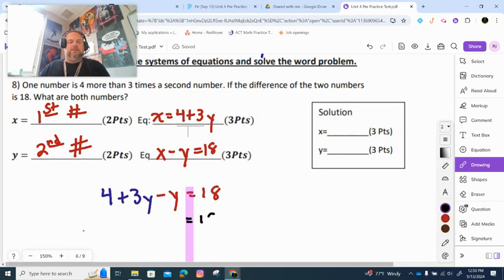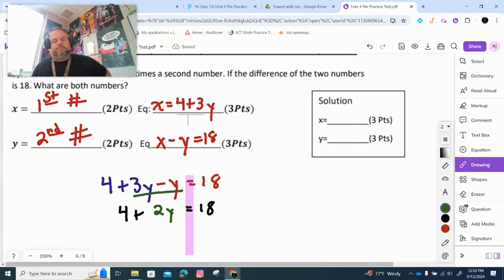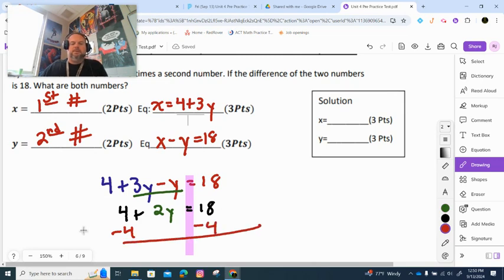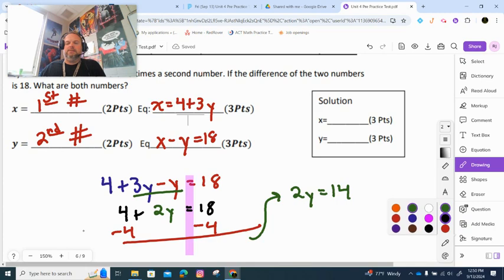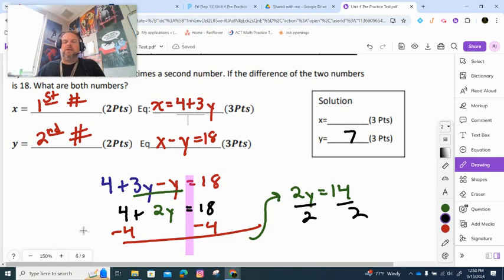So we don't do anything to that. Don't do anything to that. If I have 3 of something and I take one away, now I have 2 of something. Okay. I got to move this 4 over. Now I'm going to have 2y equals 14. Divide by 2. All right, so y equals 7.